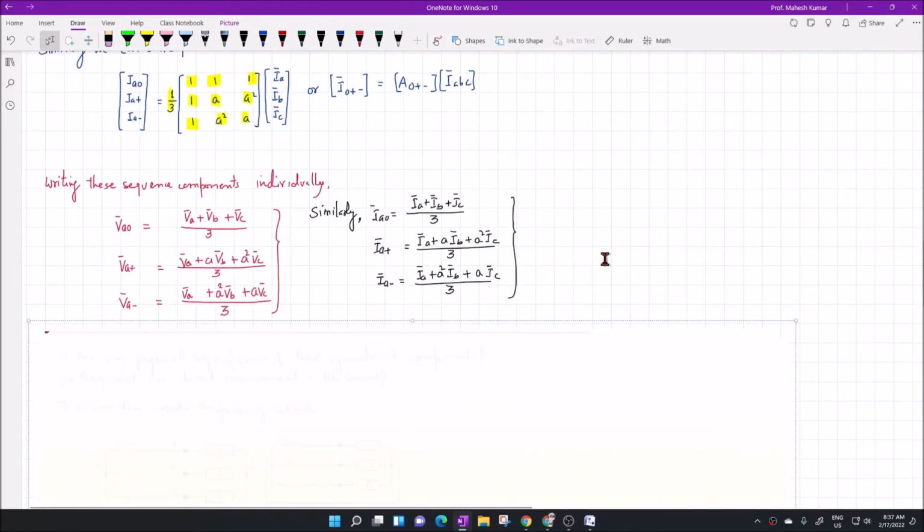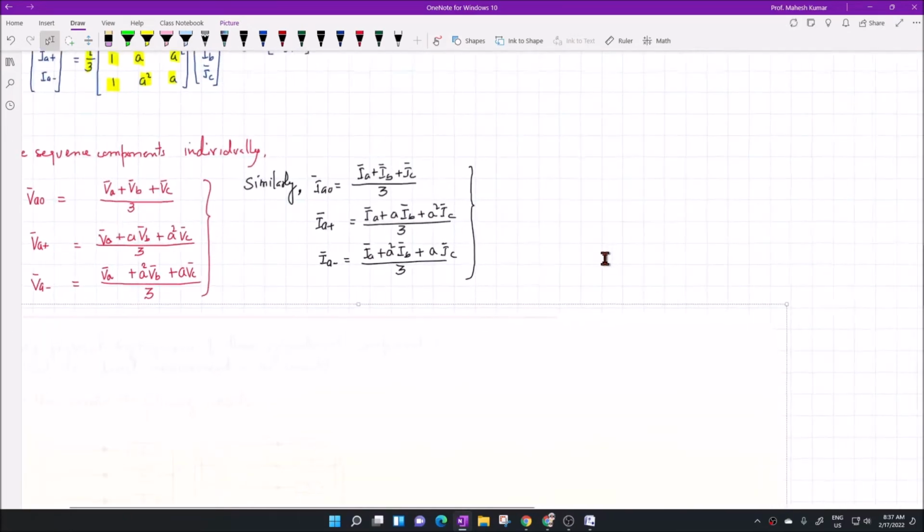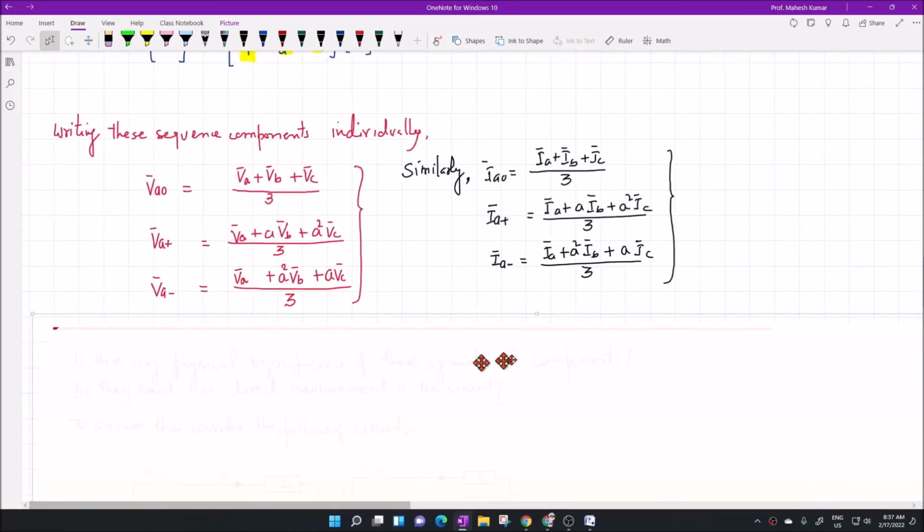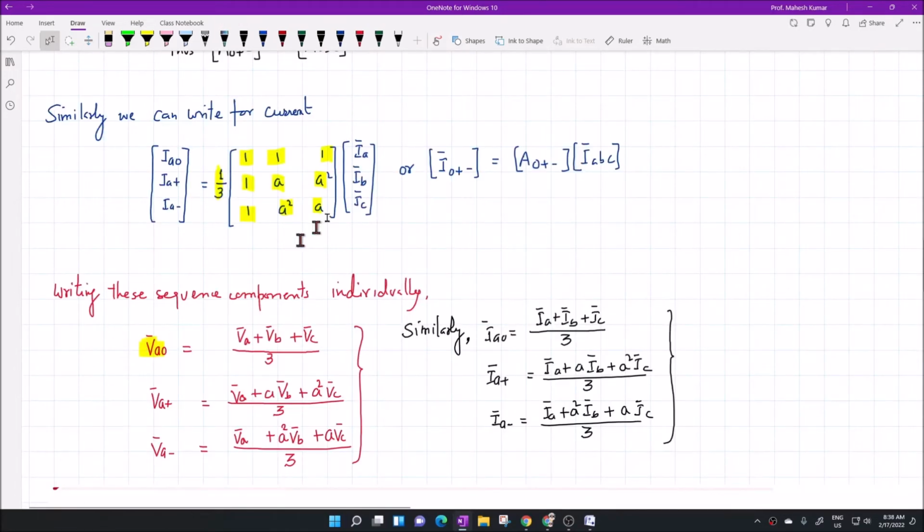Knowing this, we can make it more specific. Okay, what we can do, we can express in terms of the individual sequence components from this matrix. So from this matrix we can find out the individual components, that is BA0, BA plus, BA minus. As you can see, BA0 is nothing but 1, 1, 1, so this is BA plus BB plus BC by 3.